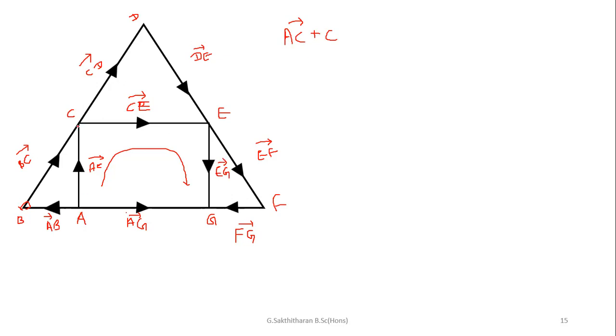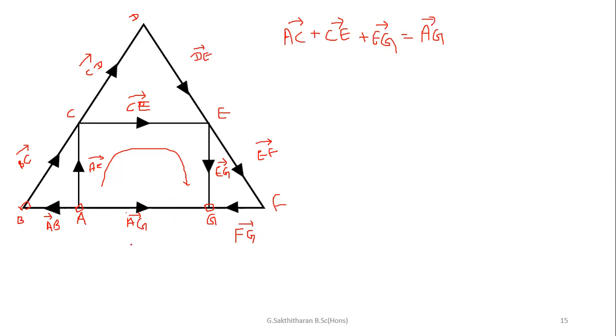So vector AC plus vector CE and vector EG give the resultant vector, starting from point A and ending in G. So these three vectors added give the resultant vector A to G. So here the resultant vector is AG.